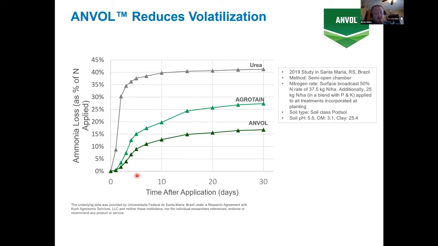You get to see over time how urea will volatilize, and then what that NBPT is doing by itself, and then the addition of Duramide is reducing that even more as time goes. Essentially, when you put these things on, you're getting roughly 7 days before you see a real spike in volatility. So it's buying you some time to get a rain event or an irrigation or whatever it is to work that into the ground.